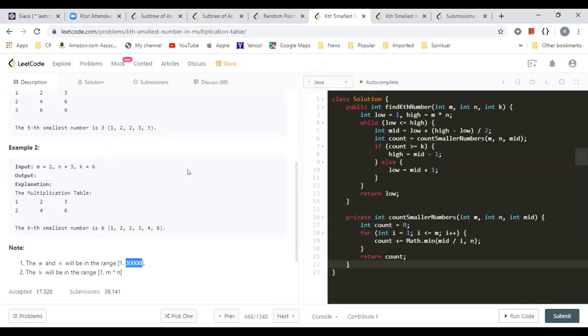The other intuition is what could be the minimum or maximum value of k? I know the minimum value is when I want to find the smallest element, so that would be 1. And the highest value will be m into n. That is the max. Okay, so far so good.